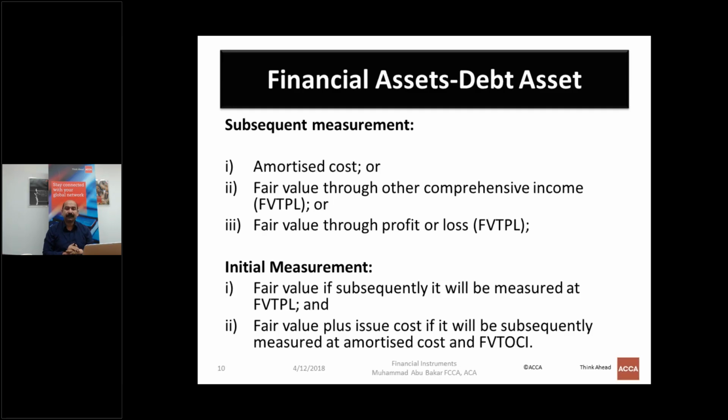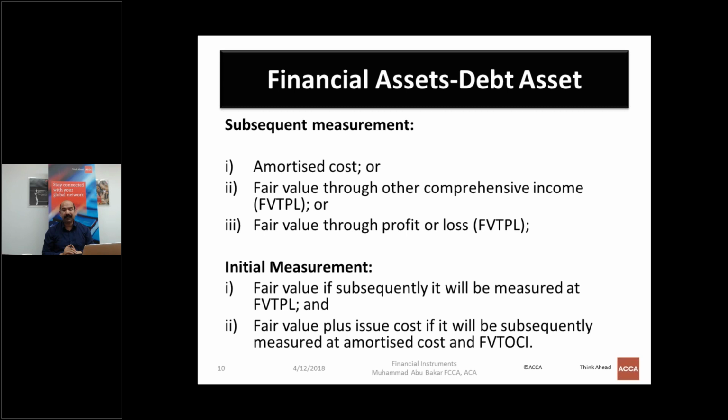See, financial instruments are initially measured at the transaction price, that is the fair value of the consideration given. An exception is where part of the consideration given is for something other than the financial asset.